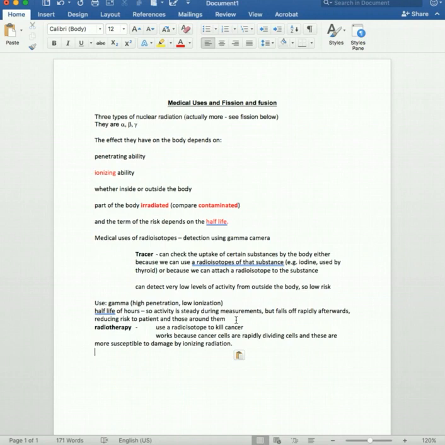Well, here's the thing. Cancer cells are rapidly dividing cells, and rapidly dividing cells are more susceptible to damage by radiation than non-rapidly dividing cells.